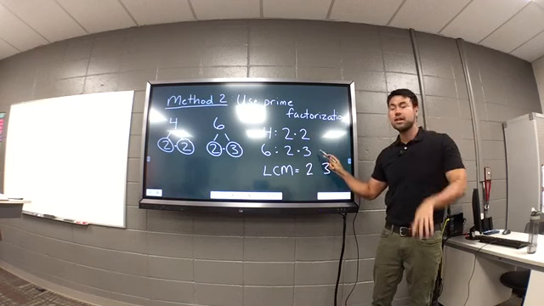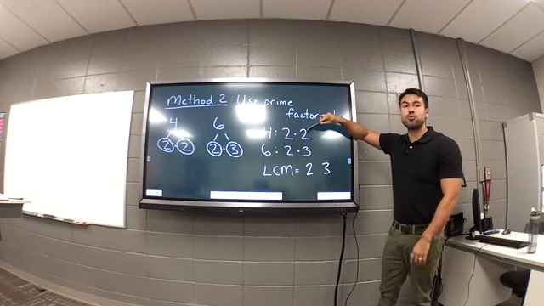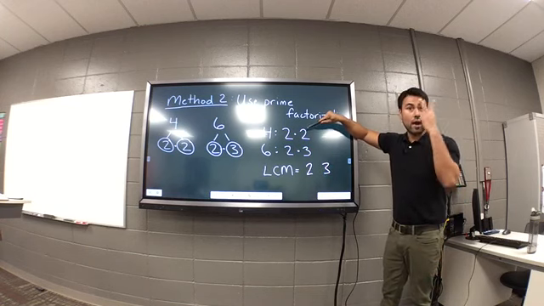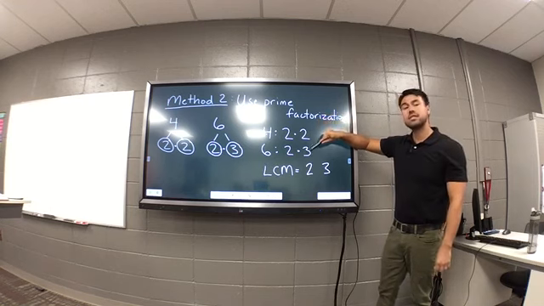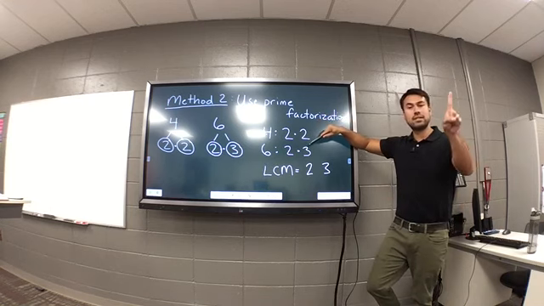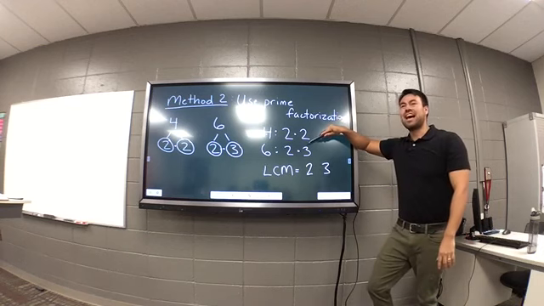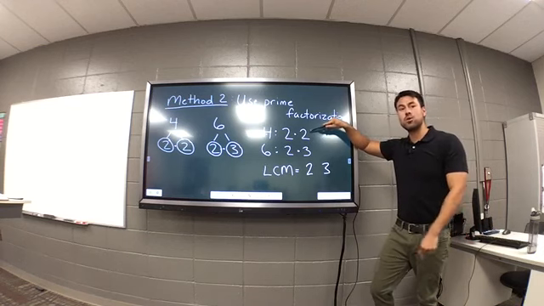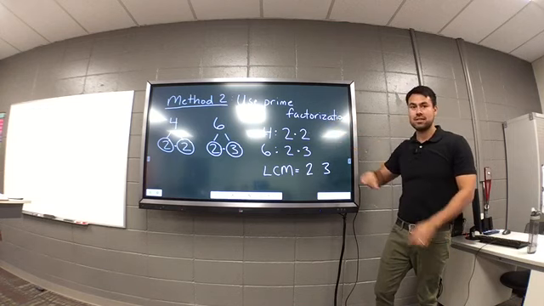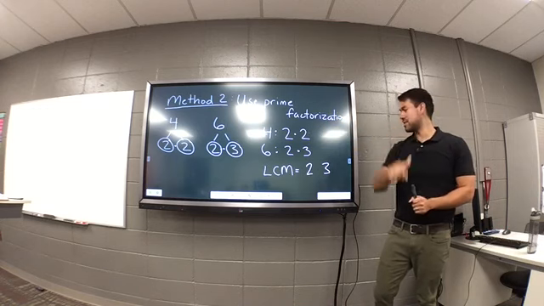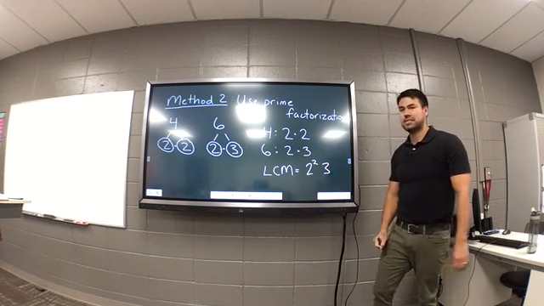Okay with that? So how many times is 2 used in the first factorization? Twice. How many times is 2 used in the second factorization? Once. So then I ask this final question. How many times is 2 used the most in either one of these? Twice. So I'm going to use it twice.